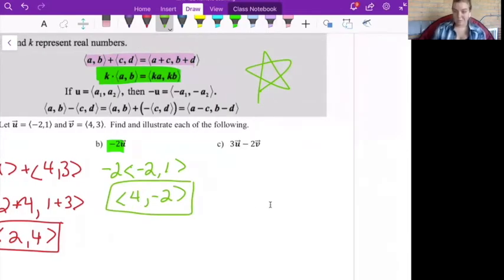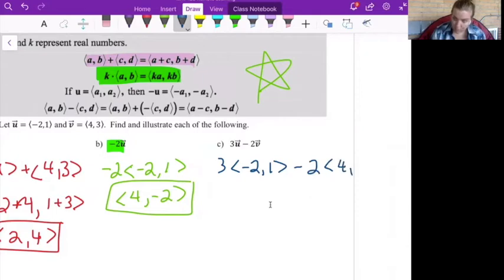So then if we're combining these, this is going to be 3 times the vector -2, 1 minus 2 times the vector 4, 3.